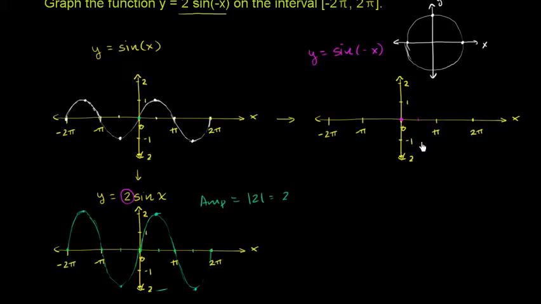It's negative 1. And then when x is equal to pi, well, sine of negative pi, we already see is 0. When x is 3 pi over 2, it's going to be sine of negative 3 pi over 2, which is 1. And once again, when x is 2 pi, it's going to be sine of negative 2 pi. Sine of negative 2 pi is 0.